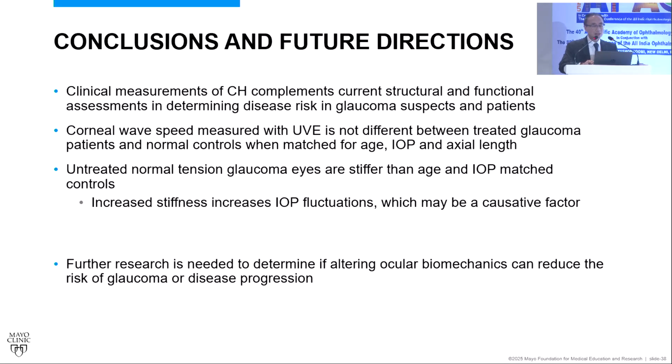And looking at our work with normal tension glaucoma patients, we do see that there is increased stiffness in patients who have untreated normal tension glaucoma, and we think that's because the increased stiffness increases IOP fluctuations, which has definitely been associated with glaucoma and the risk of glaucoma progression.